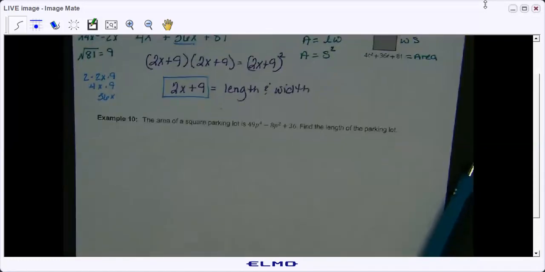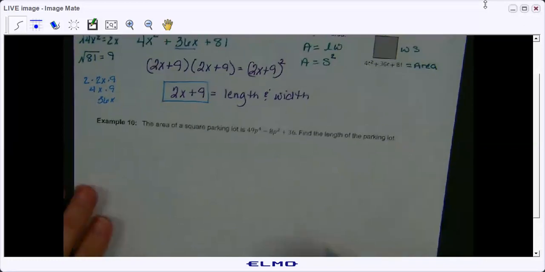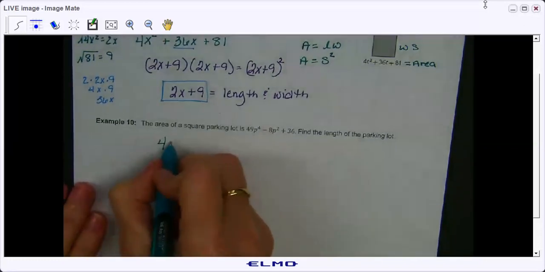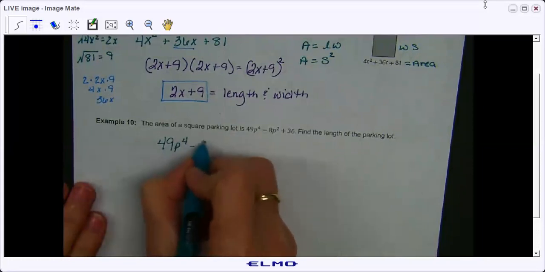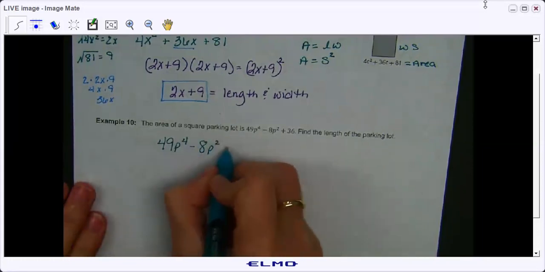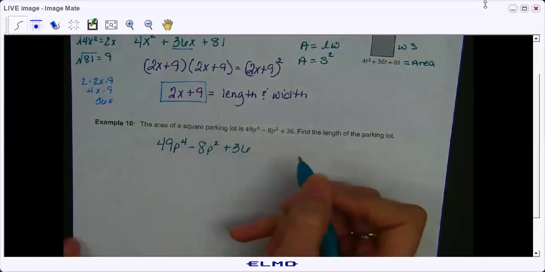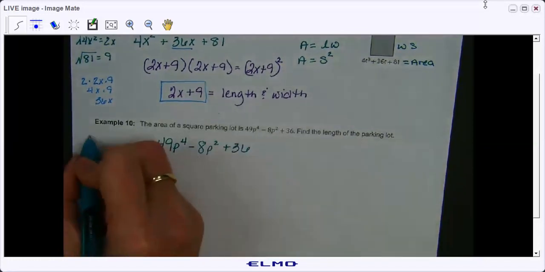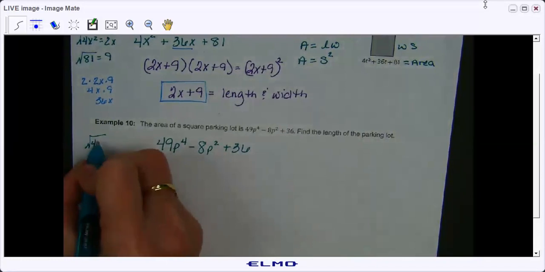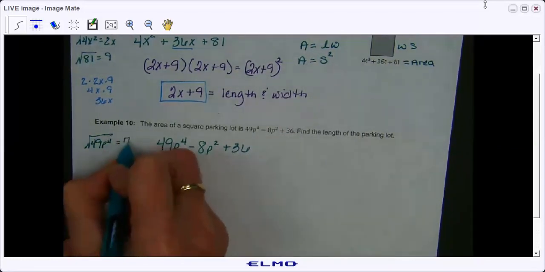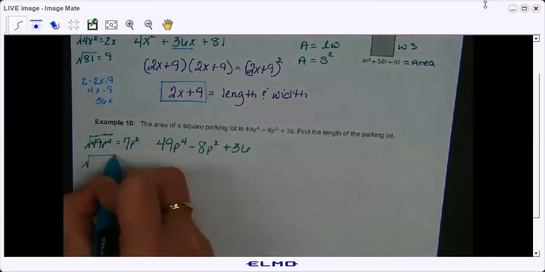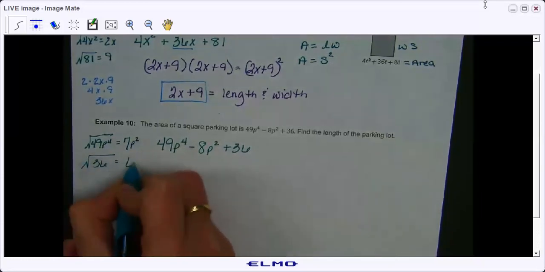The area of a square parking lot is 49p to the 4th plus 8p to the 2nd plus 36. Again, we're starting off with a perfect square trinomial. Okay, so the square root of 49p to the 4th is 7p squared, and the square root of 36 is 6.